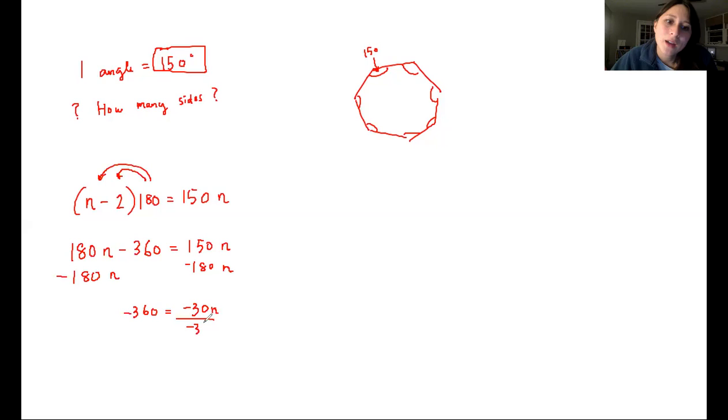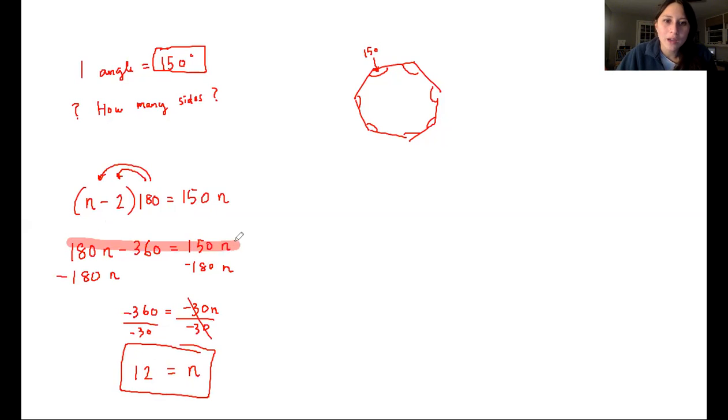So then if I divide by negative 30 on both sides, n's by itself here. And 360 divided by 30 is 12. So what I just found out is the amount of sides that this polygon has. If I have a polygon that has 12 sides and it's a regular polygon, each angle is going to be 150 degrees. So we've actually just come up with a new equation.